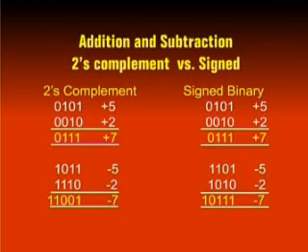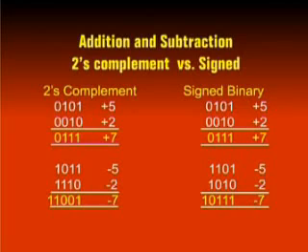Now, minus 5 is represented in its signed magnitude form as 1, 1, 0, 1. The most significant bit 1 represents the negative sign. The last 3 bits 1, 0, 1 represent the magnitude, so it's 5. Similarly, minus 2 is represented as 1, 0, 1, 0. The most significant bit 1 represents the negative sign, and the last 3 bits 0, 1, 0 represent the magnitude 2.